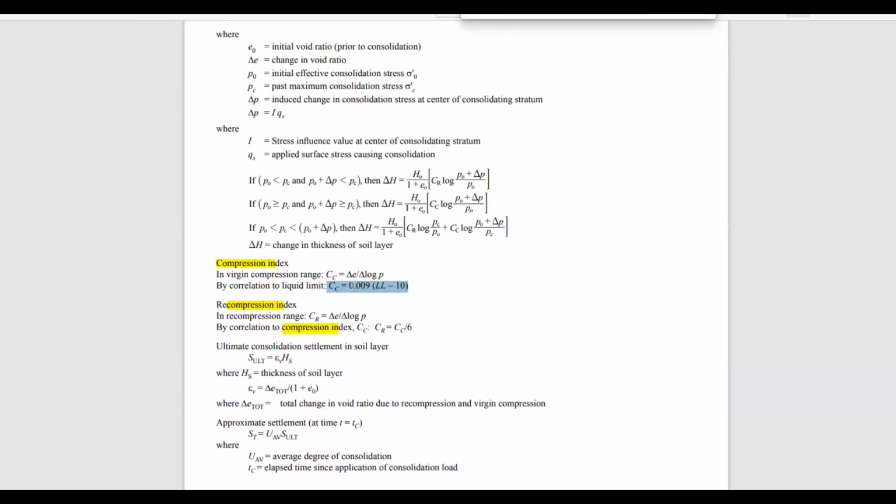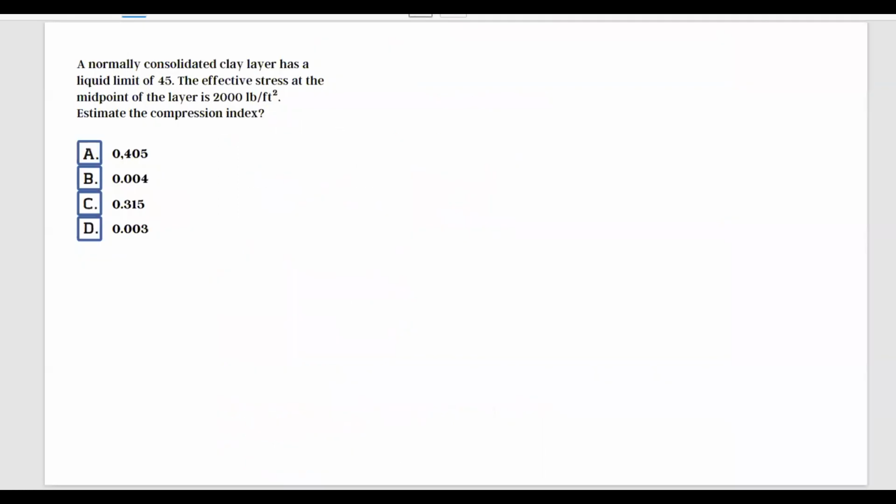C sub C equals 0.009 multiplied by liquid limit minus 10. Let's go ahead and write this down. C sub C, the compression index, equals 0.009 multiplied by the liquid limit minus 10.